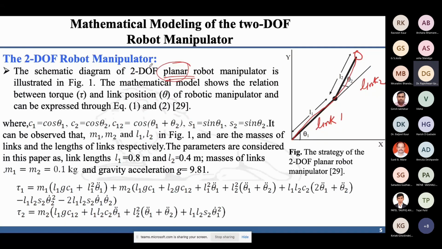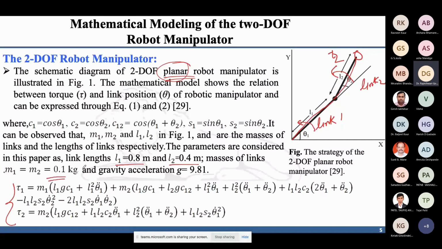Okay, so with the help of Lagrange and other conceptual techniques, we can have the formula, that is a mathematical formula, right? Tau 1 and tau 2. So what is tau 1? Tau 1 is the torque applied to link 1, and this is the torque applied to link 2. And this torque is itself your controller output, right? And for length, we took L1 as 0.8 meter, L2 as 0.4 meter, and M1, M2 around 0.1 kg.